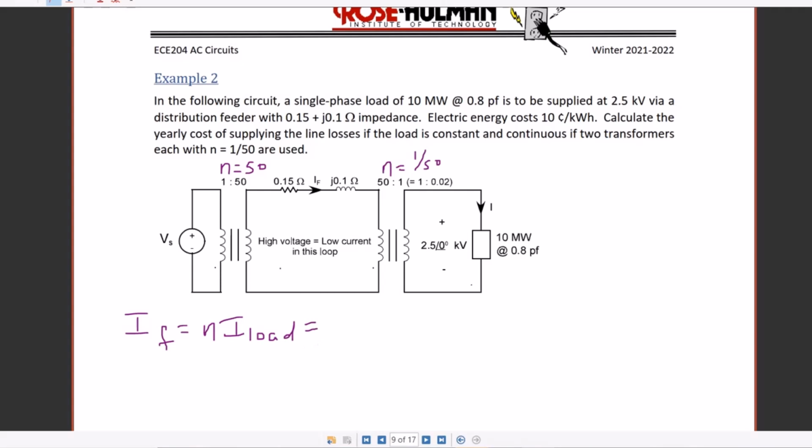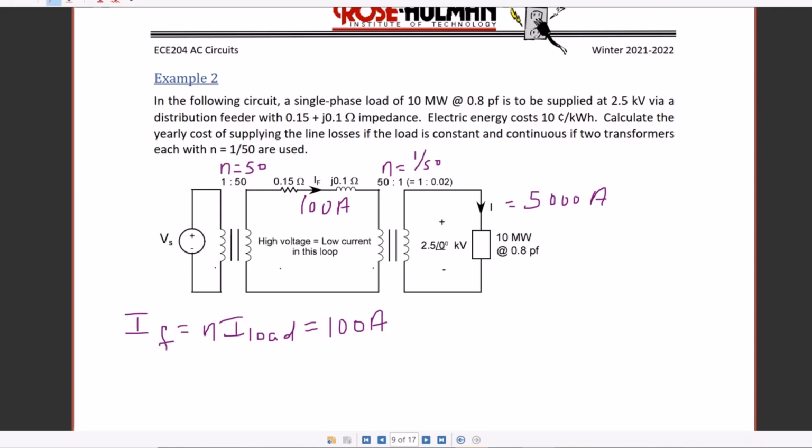We calculated the current at the load in the previous problem. That doesn't change because we have the same average power and the same power factor. So I can just copy over this current from before, which was 5,000 amps. So now the current at the feeder is 100 amps.